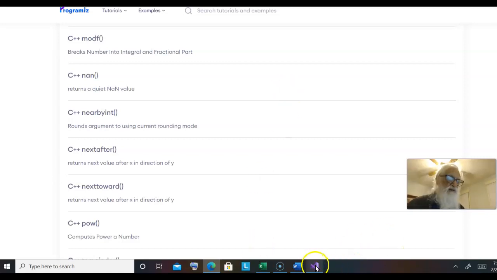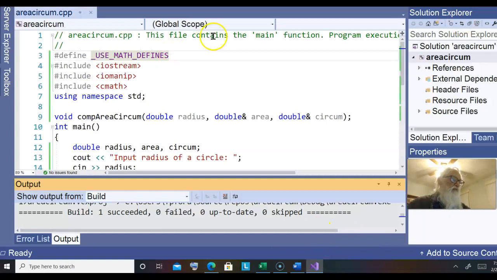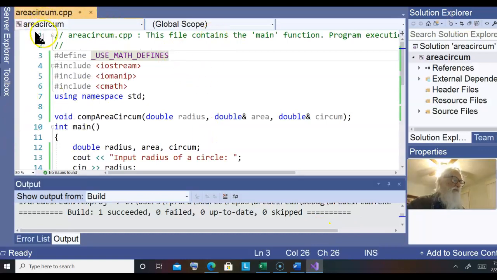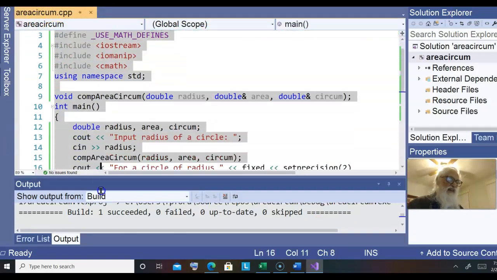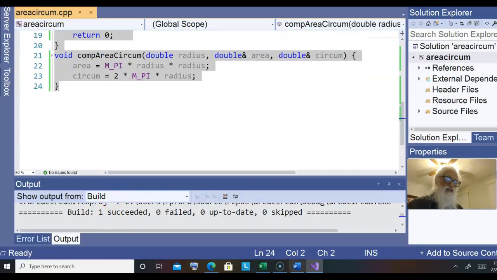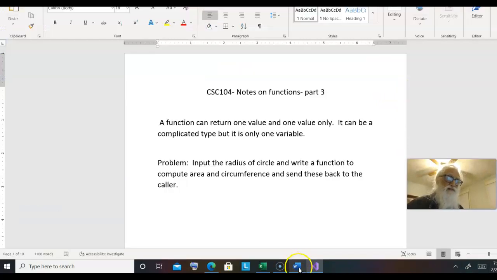So there's that program. It's not a hard program. The purpose of it is to show you that you can return answers or send back answers in the arguments that go into the function.